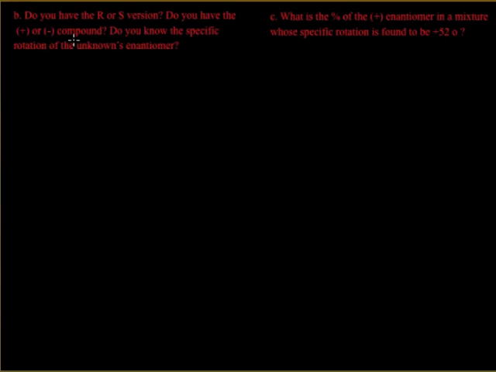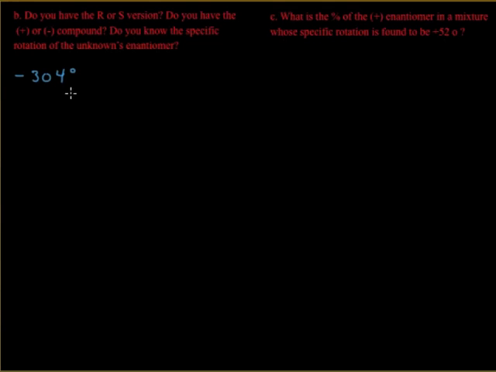Okay, so in the previous part of the problem, we got an answer saying we had the specific rotation of minus 304 degrees. Okay, so do we know if we have the R or S version?